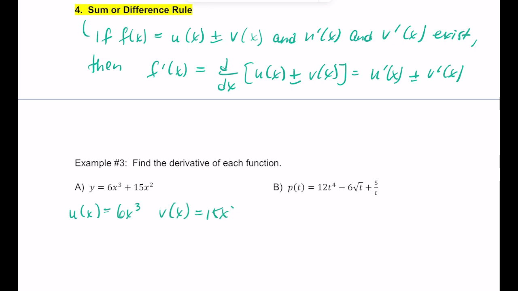So if I want to find the derivative of u, we know that's just going to be 18x squared. And the derivative of v is just going to be 30x. So my final answer, u prime of x plus v prime of x, would just be 18x squared plus 30x.